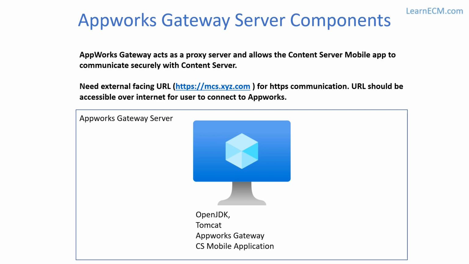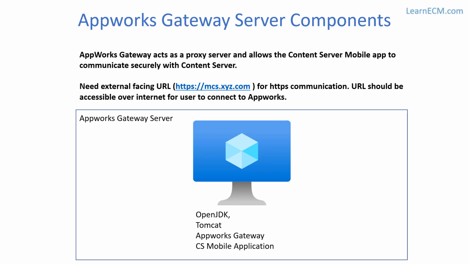What are the different components involved here? Here we have OpenJDK, Tomcat, then AppWorks Gateway itself, and then we also need to install the CS Mobile Application. All of this together is called the AppWorks Gateway server. We need an external facing URL like https://mcs.xyz.com for HTTPS communication.